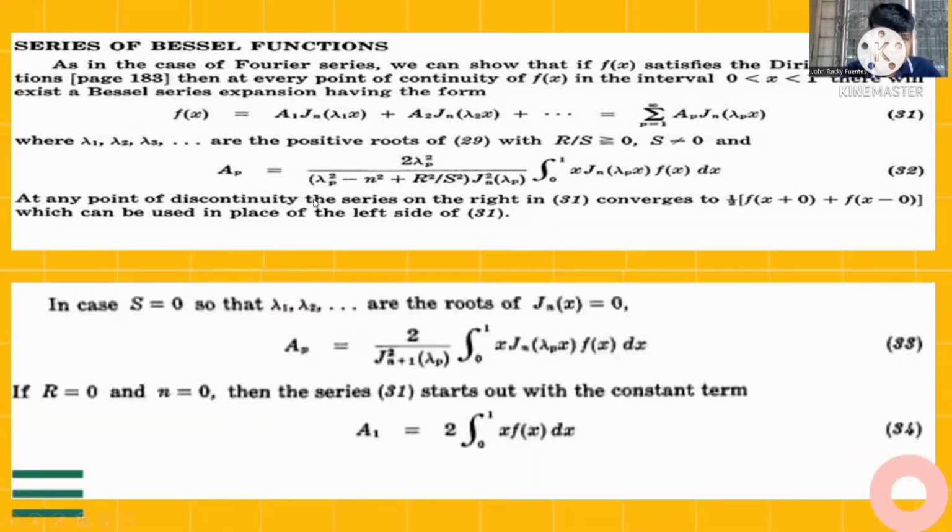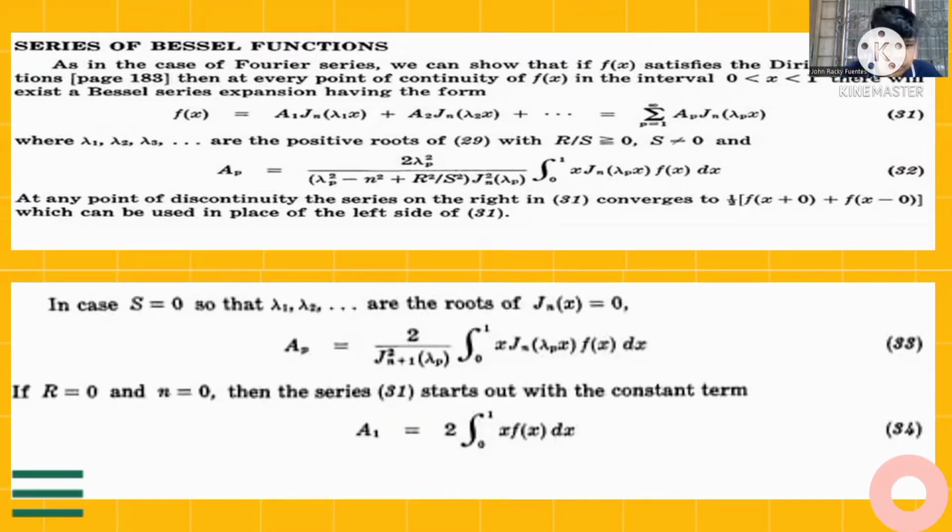Next is yung in case of s is equal to 0, so that lambda 1 and lambda 2 are the roots of j sub n x is equal to 0, a sub d is equal to 2 over square root of j sub n plus 1 lambda sub d, times the integral from 0 to 1 of x j sub n lambda sub d x f of x dx.